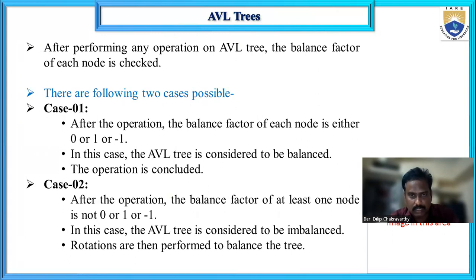It may be more than 1 or less than minus 1. Then we get an imbalanced tree, and we have to perform some rotations to make it an AVL tree, a balanced tree.